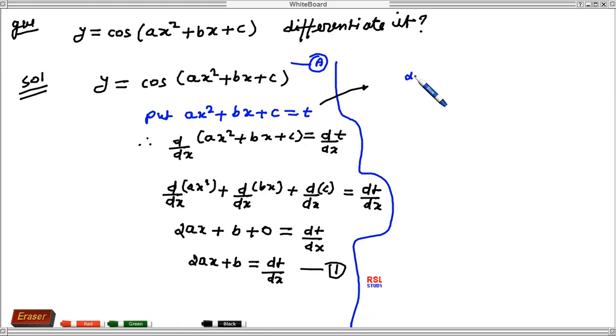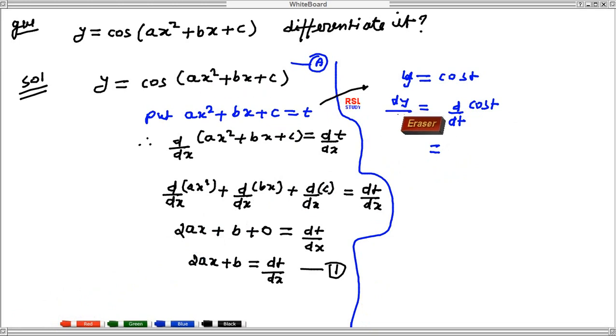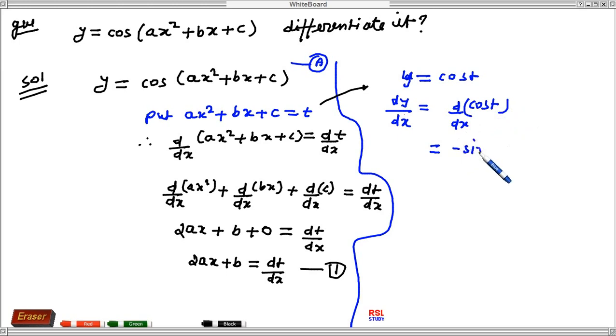Okay, this is the lengthy process. So y equal to cos t, if you put this, then y equals cos t, and then differentiating with respect to x, not t. Differentiating with respect to t, you will get minus sin t and dt upon dx.